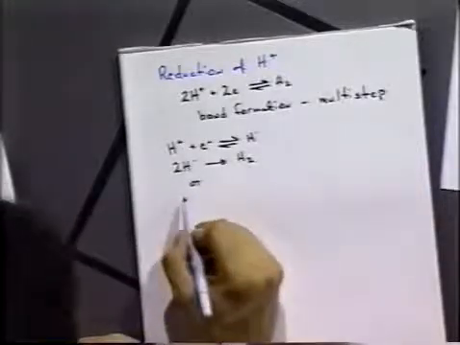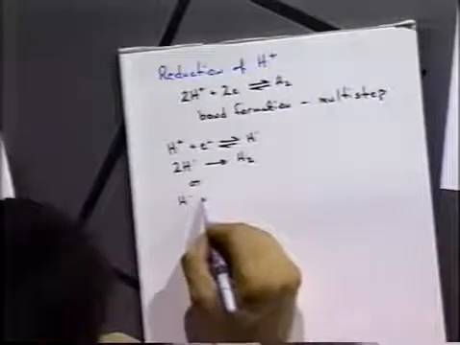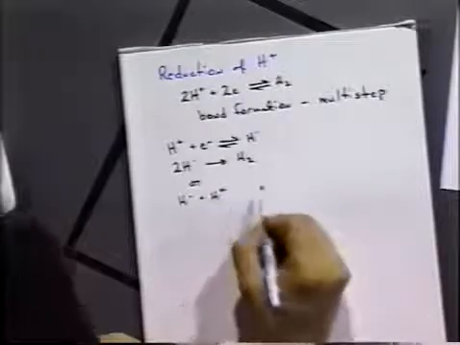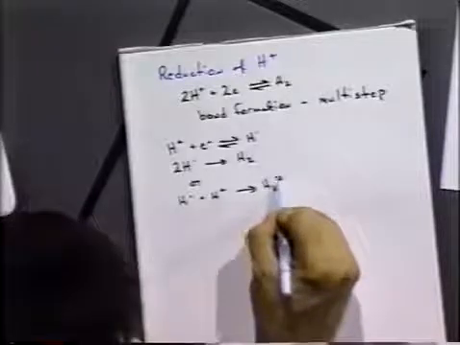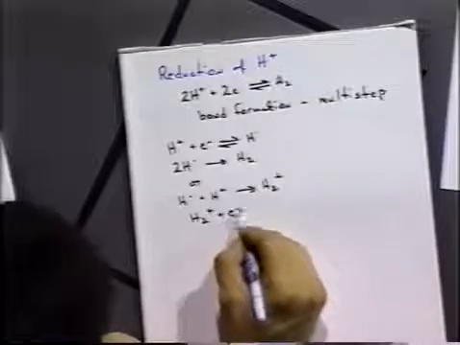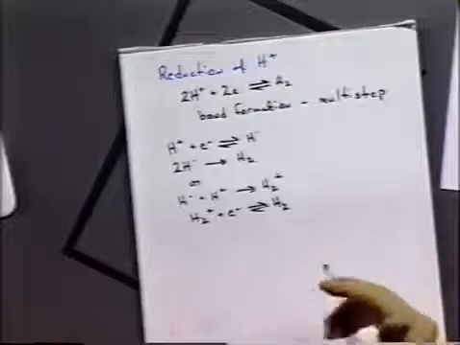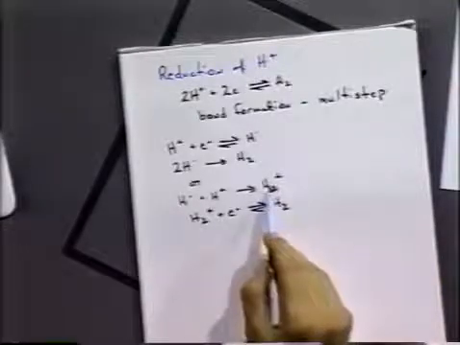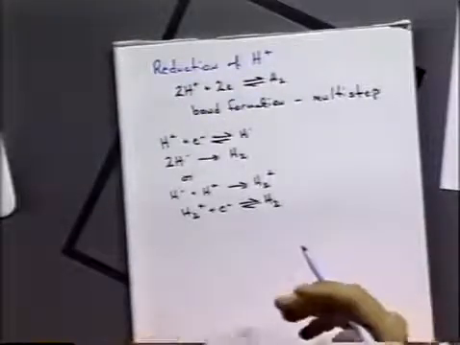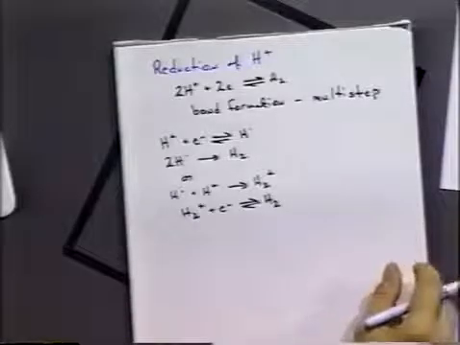Or an alternate process is, suppose we have hydride plus protons going to H2 plus, and then H2 plus plus an electron going to hydrogen gas. In either case is okay. This might actually be a more favored reaction under some conditions, depending on the concentration of protons in solution. These are second order processes, you see, and so it would depend a little bit on the concentrations.